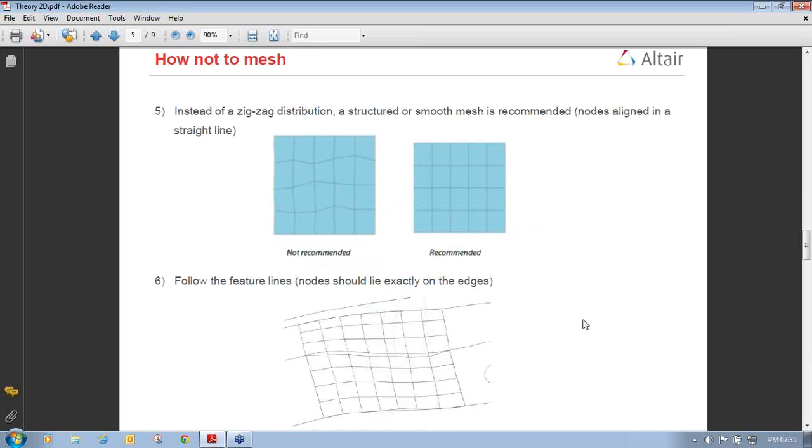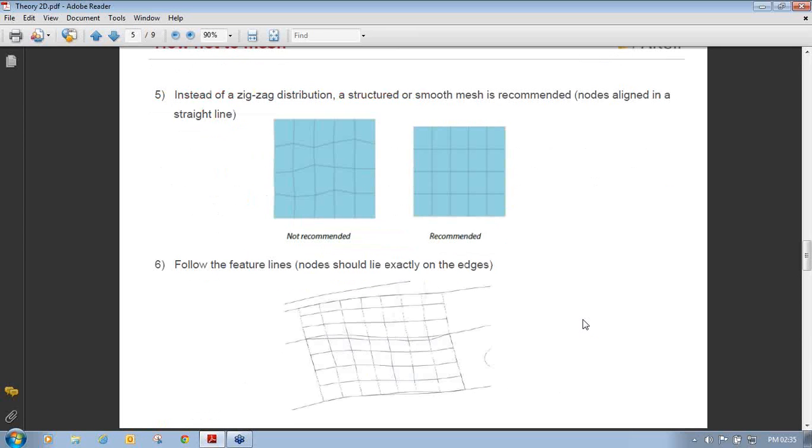Then the next rule is instead of zigzag distribution, structured or smooth mesh is recommended, with nodes aligned in a straight line. This is because if I generate a mesh something like this zigzag portion, the force distribution will be the same as this, and where there is a sharp deviation from the straight edge, the force may get distributed in these two locations.